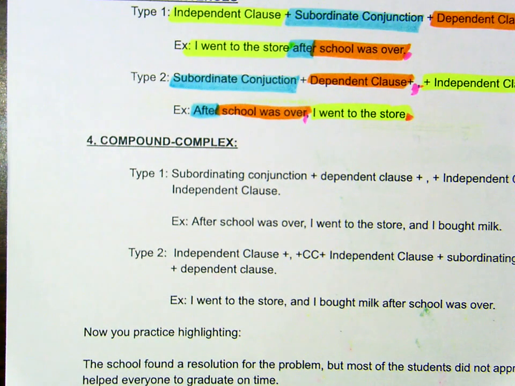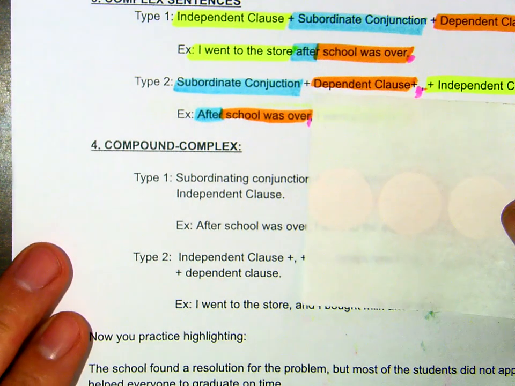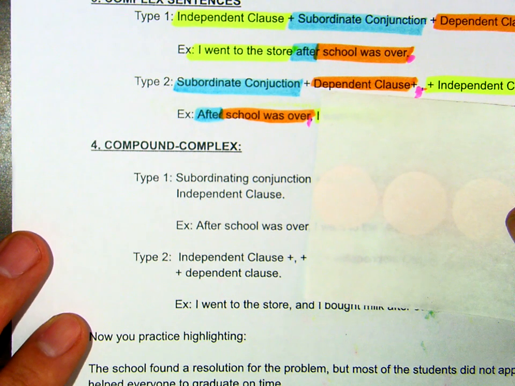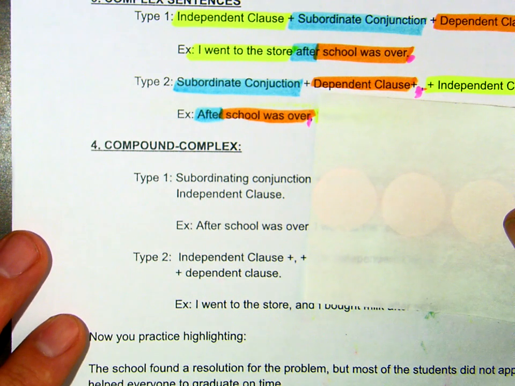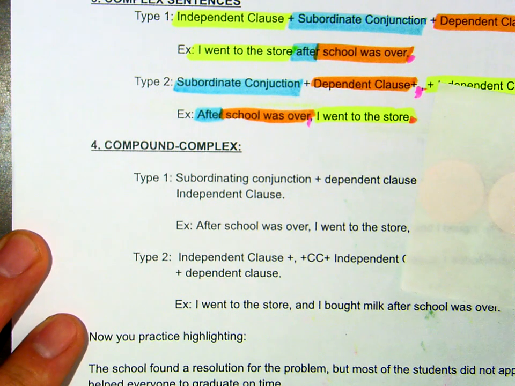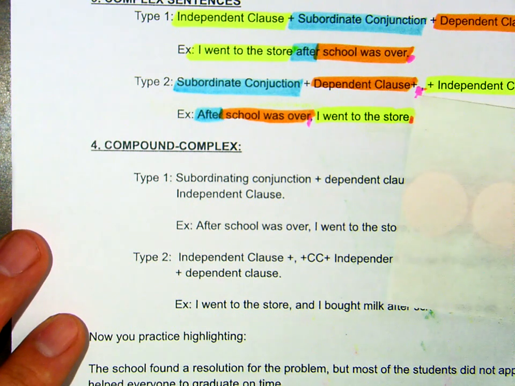Now, if you take a moment and you cover this up, and you just said after school was over, if you went up to somebody and just said, after school was over, it wouldn't make sense by itself. They would want more information from you. They would ask, okay, well, what happened after school was over? You would need to add, I went to the store. It doesn't make sense by itself.